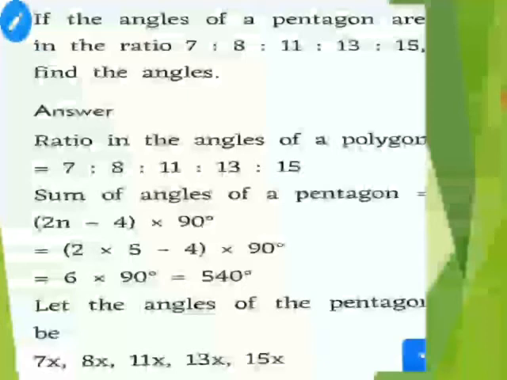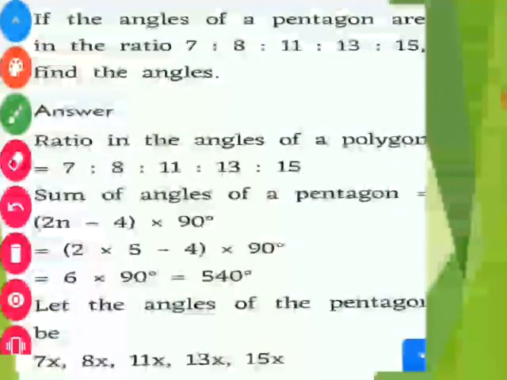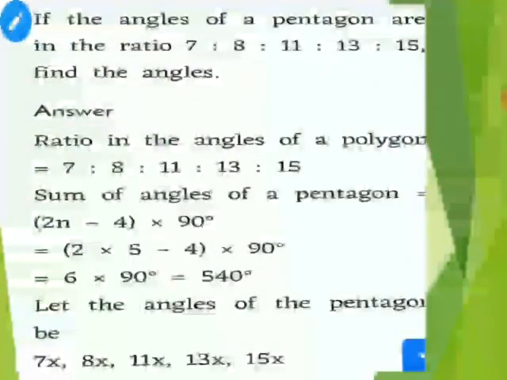Now in a pentagon, one more way you can find out the sum. See here. So let's draw a pentagon. Now let's draw its diagonals and see how many triangles we are getting.